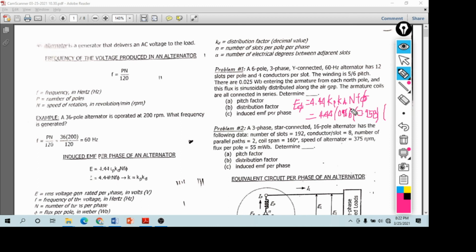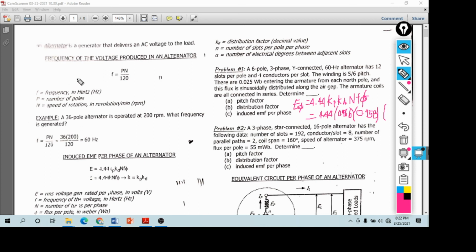Now, we still need to solve for this N. We have 4 conductors per slot, and we have 12 slots per pole. Remember, the N here is turns per piece.